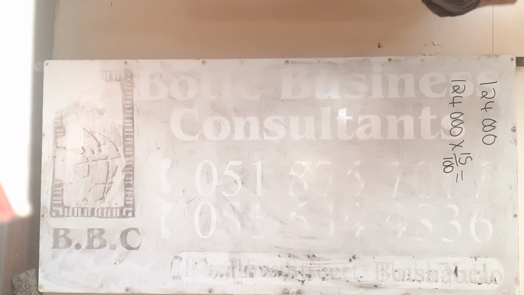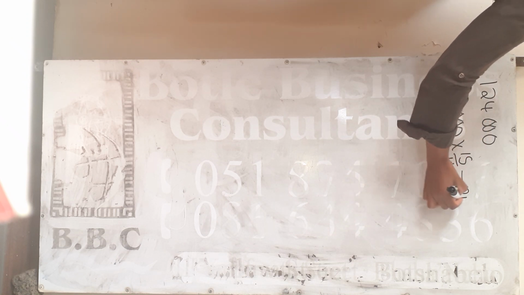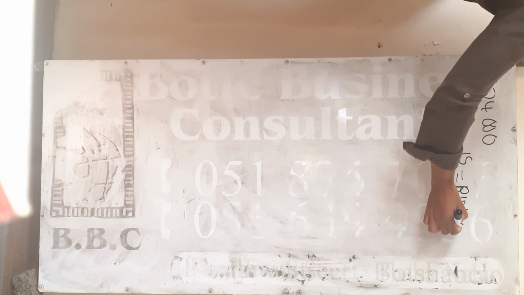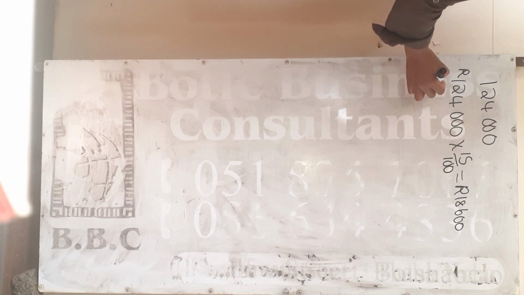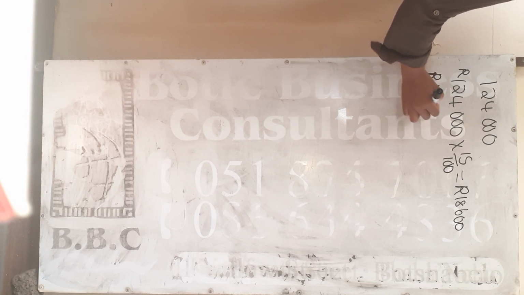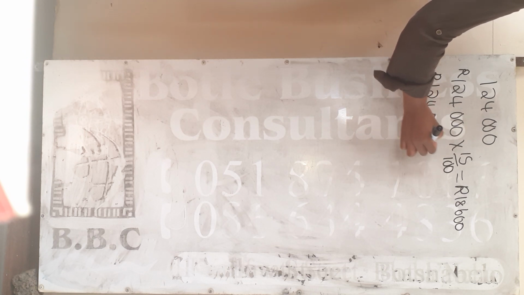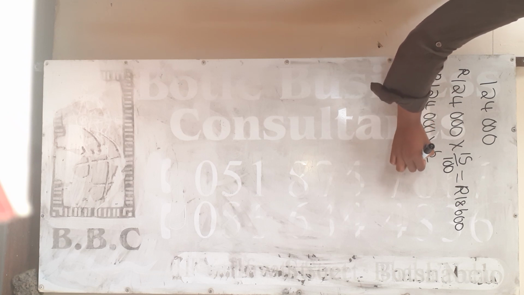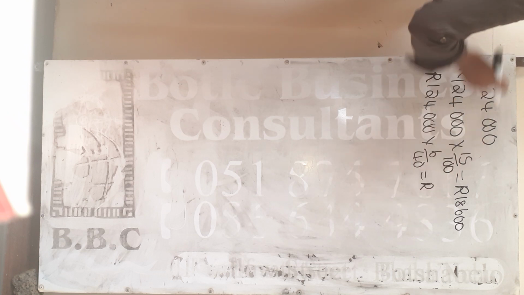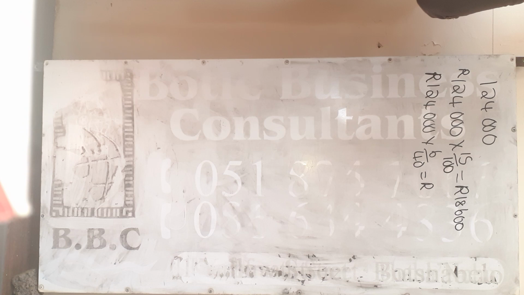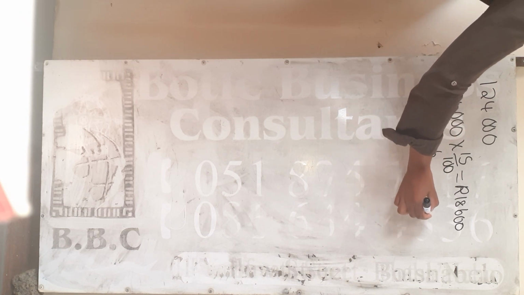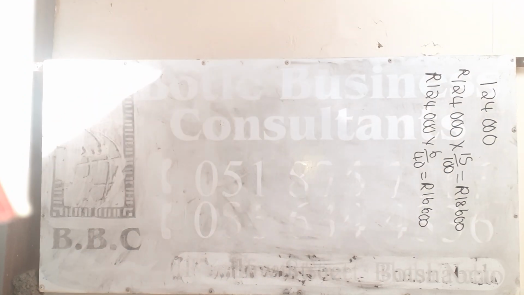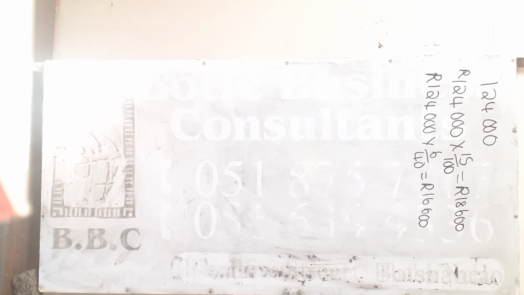Now when we do that, we are going to get 18,600 rand. Now we're going to use number 2, so there 6 over 40. 124,000 times 6 over 40 is equal to 16,600 rand.